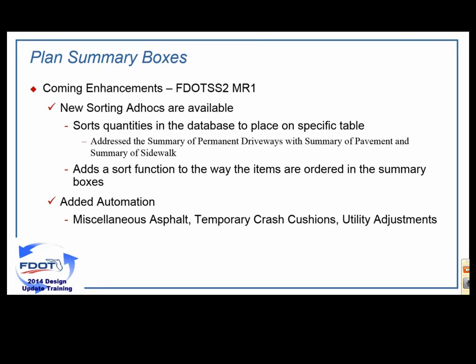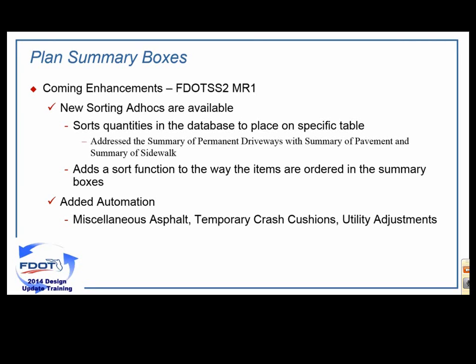So what we've done is I've added in an ad hoc, and it will be real obvious, and I'll show it to you. There's an ad hoc in there for the type of pavement, I think, or I have to look at it.